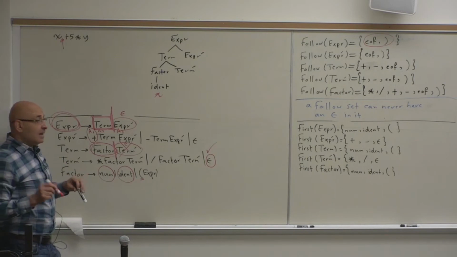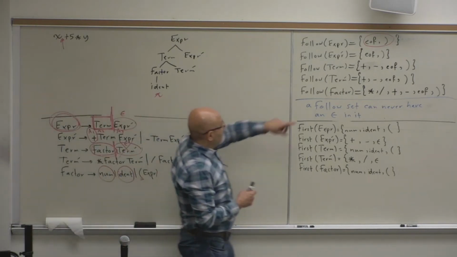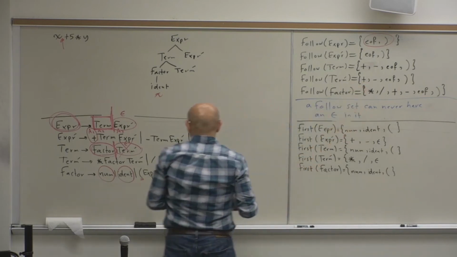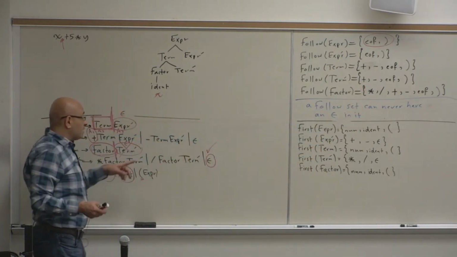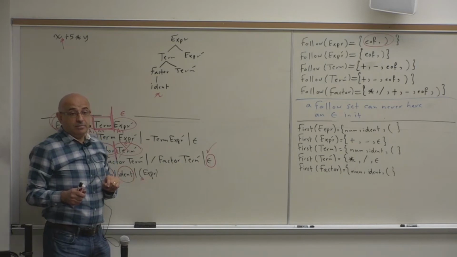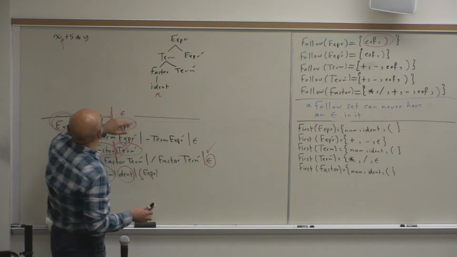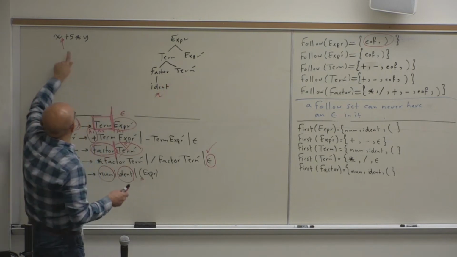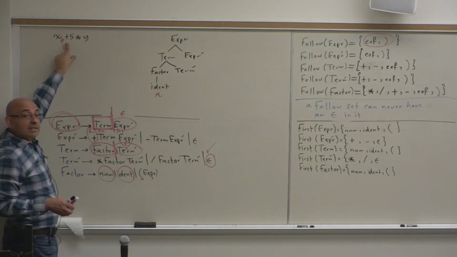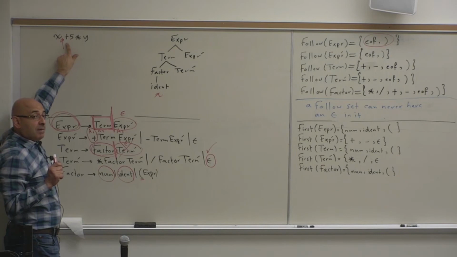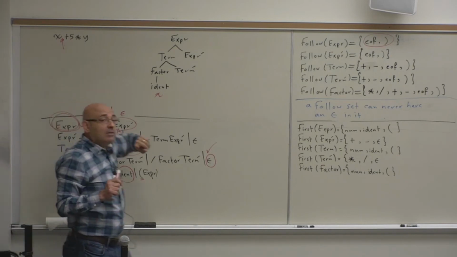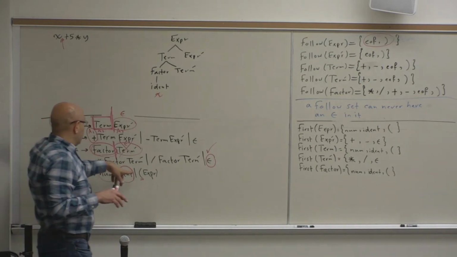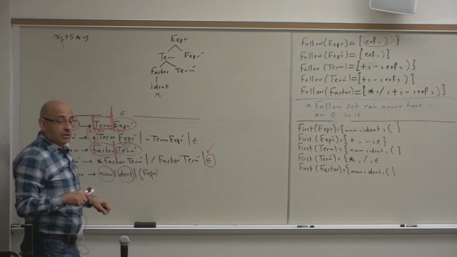If I didn't have this plus in the follow set of a term prime, epsilon will not be a valid substitution. Because I'm saying I'm going to substitute nothing for the term prime, but then I'm seeing a plus. So the plus is going to come after a term prime. If the plus is not in the follow set of a term prime, then this will be an invalid alternative.